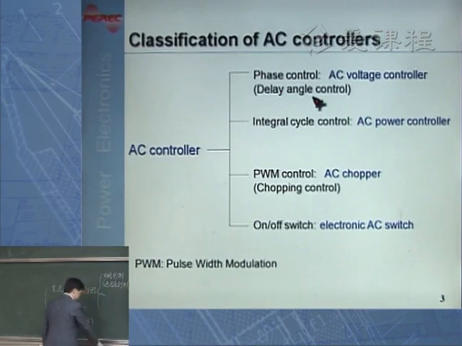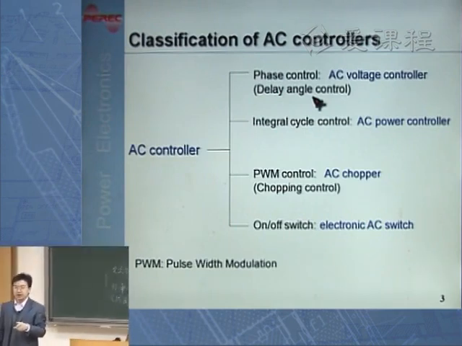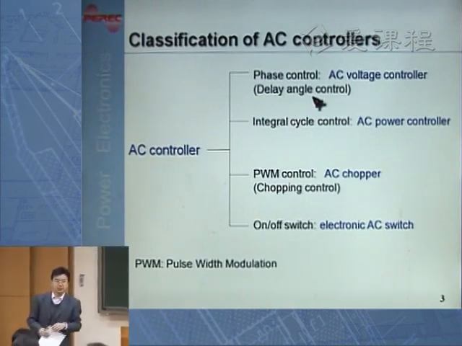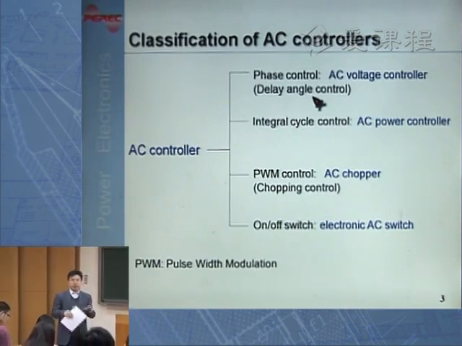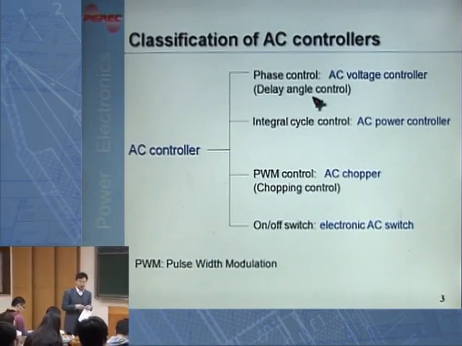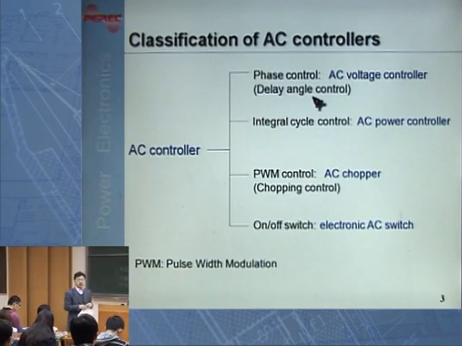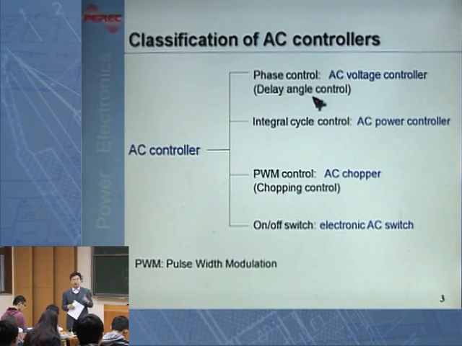We have seen these control methods actually in AC to DC converters when we talked about rectifiers, thyristor rectifiers. In that chapter, we can control the output voltage of the thyristor AC to DC rectifier by controlling the triggering delay angle alpha.